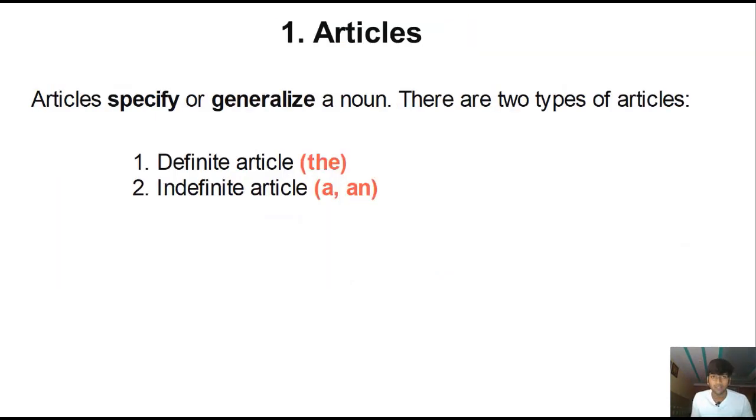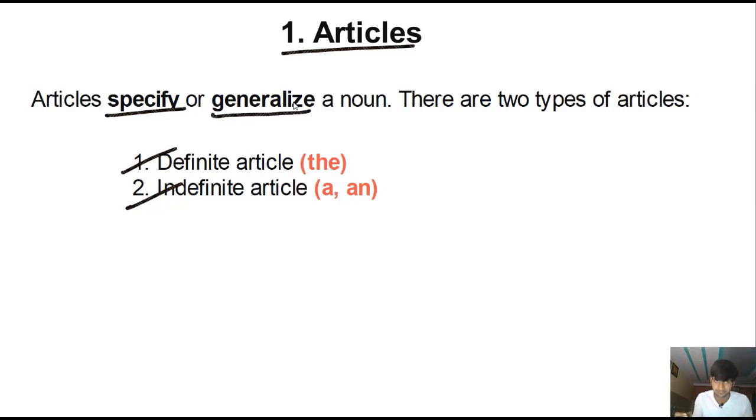Okay, so we'll start with the very first one, that is articles. Right, now we have 2 types of articles, definite articles and indefinite articles. All right, so articles basically generalize or specify a noun, right? They either specify a noun, they make the noun specific, or they generalize a noun, right?